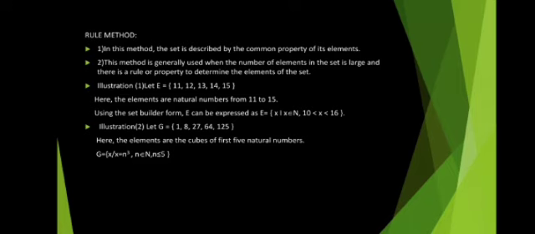So set G = {x | x = n³, n ∈ N and n ≤ 5}, where small n represents a number. Natural numbers less than or equal to 5 are 1, 2, 3, 4 and 5.